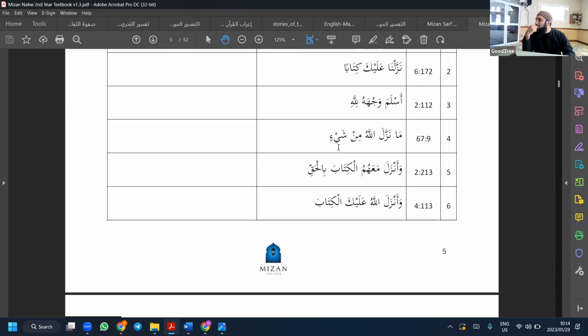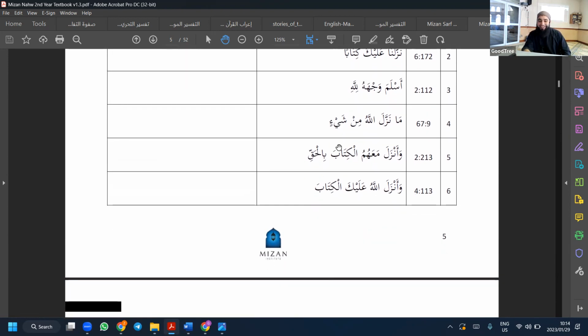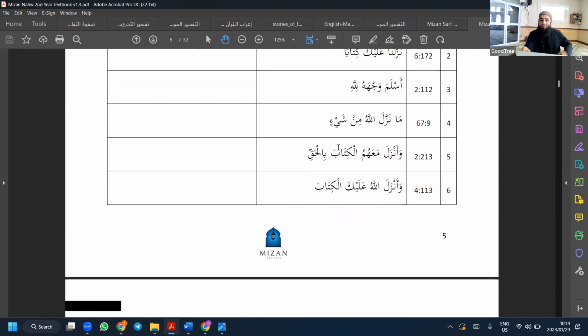Which shabab? 4, right? The fa'il is inside. Aslama, to submit. So if you know the whole scale, you know Aslama, Yuslimu, the ismul fa'il will be Muslim.